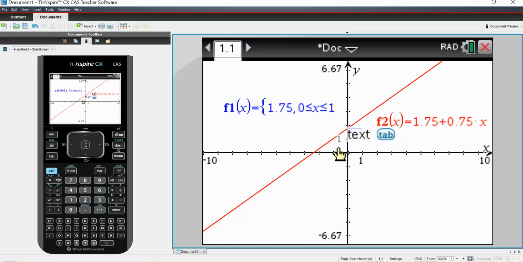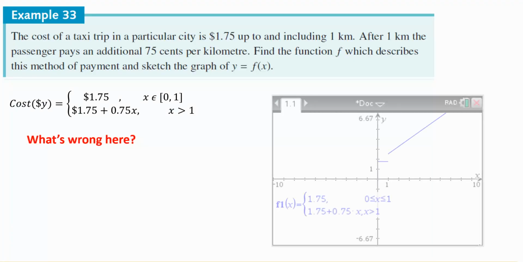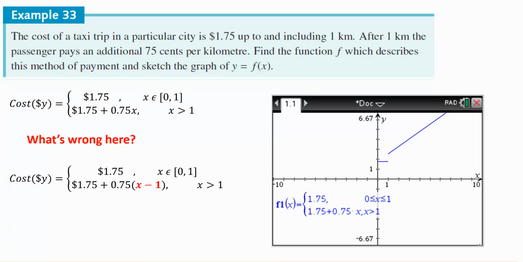If you want to move the graph to the right, you would say x minus 1 squared. Remember that? That tells you it moves to the right by 1. Now it's the same thing for this one. If I want my linear graph to move to the right, that's how I do it. I change that x to an x minus 1, just like you would last year.